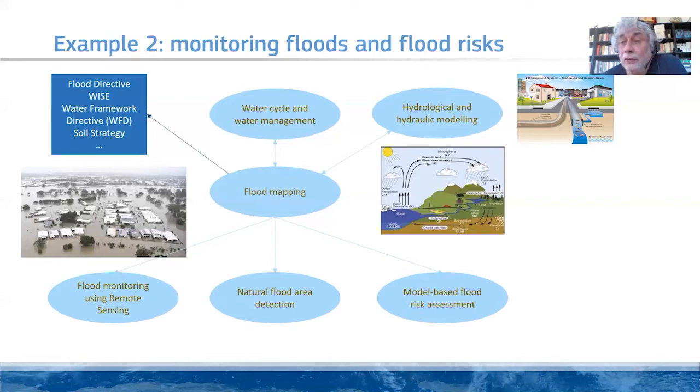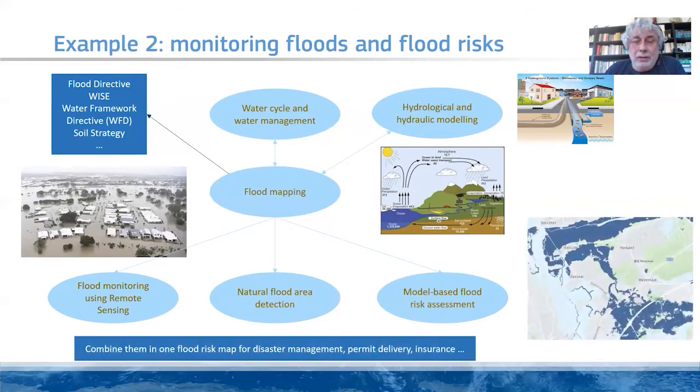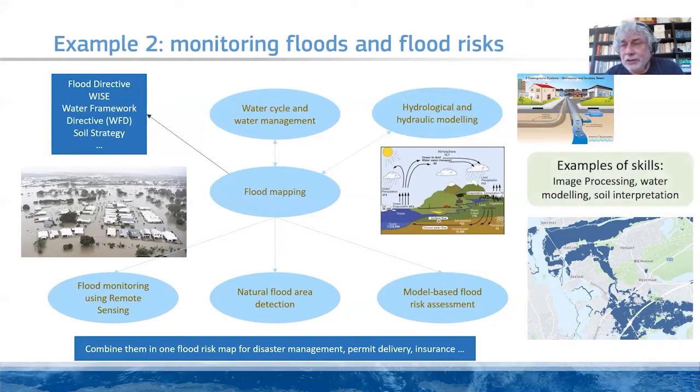The modeling of flood risk areas, etc. So these combined will then generate an information system on floods and flood risks that can be used in disaster management, permit delivery, insurance cases, etc. And again, examples of skills are, depending on which area or sub-area you're active in, image processing, water modeling, soil interpretation, and the like.